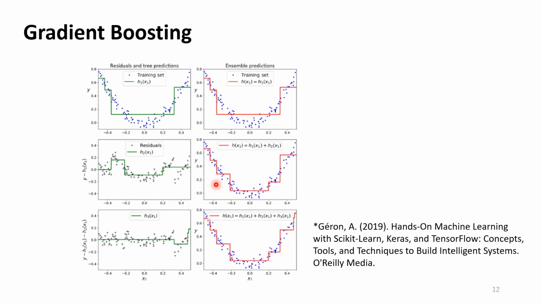The right figure in the second row shows the ensemble's predictions, which are equal to the sum of the predictions of the first two trees. Then in the third row, another tree is trained on the residual errors of the second tree. As you can see, the ensemble predictions gradually get better as trees are added to the ensemble.